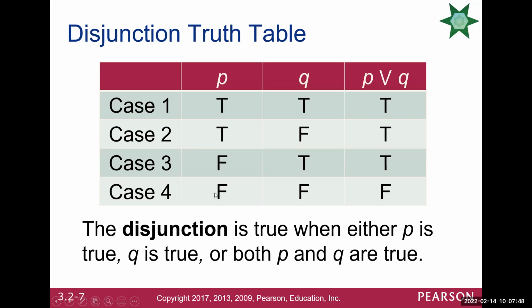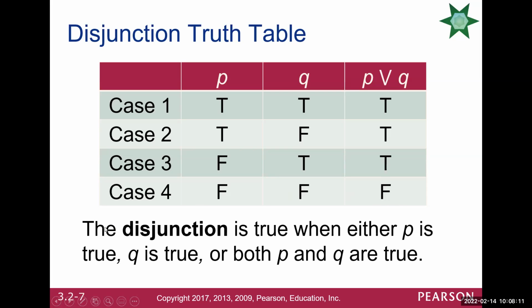Lastly, is the statement P true or is Q true? Both of those are negative. So your answer would be no. Neither of them is true. Therefore, the truth value of this disjunction gives you a false outcome.